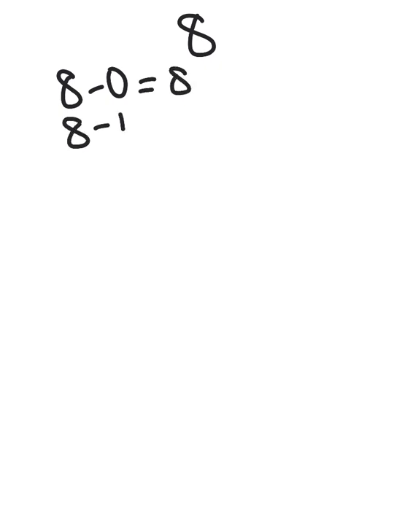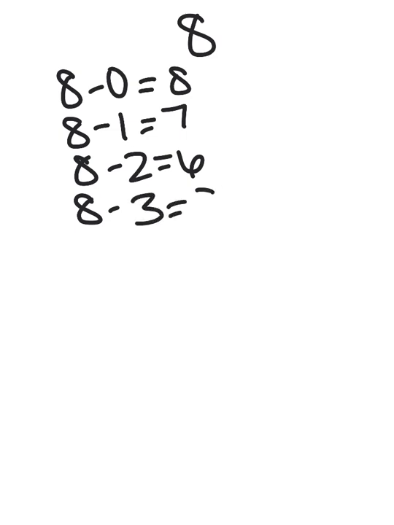Let's just go back real quick and let's look at the number again. We started with 8 minus 0. We took none away and we were left with 8. Then we did 8 minus 1 was equal to 7. 8 minus 2 is equal to 6. 8 minus 3 equals 5. 8 minus 4 equals 4.